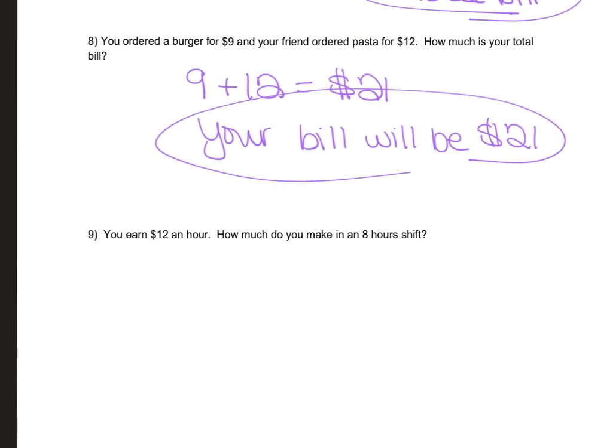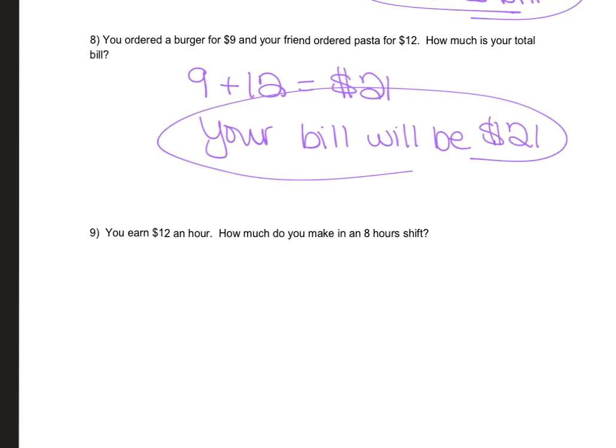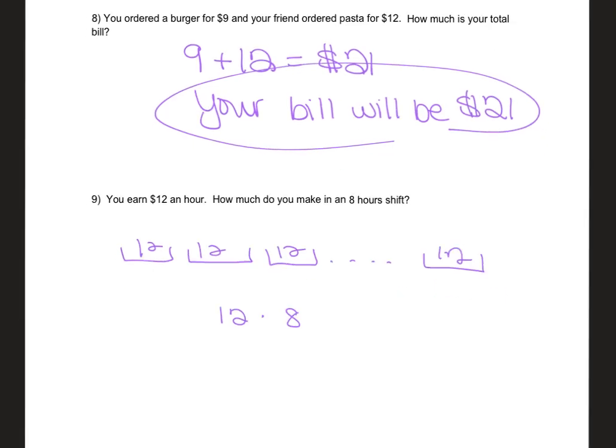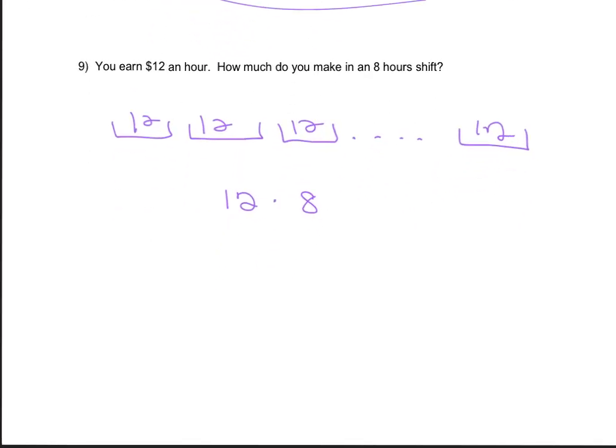You earn $12 an hour. How much do you make in an 8-hour shift? So that's like, here's your first hour and your second hour and your third hour and all the way to your 8th hour. If you earn 12 each time, that's 12 times 8. Now again, horizontally, that doesn't really help me.